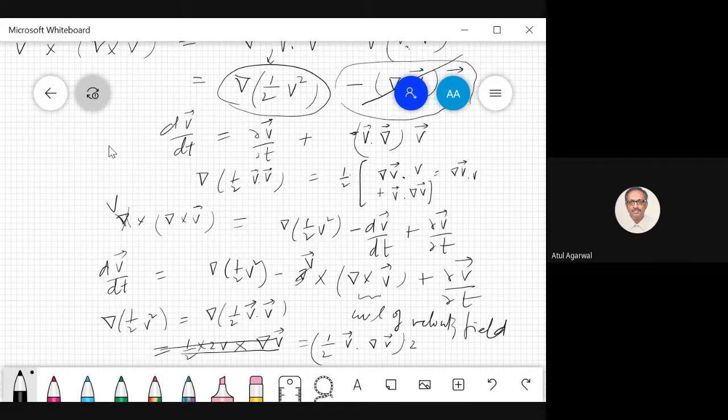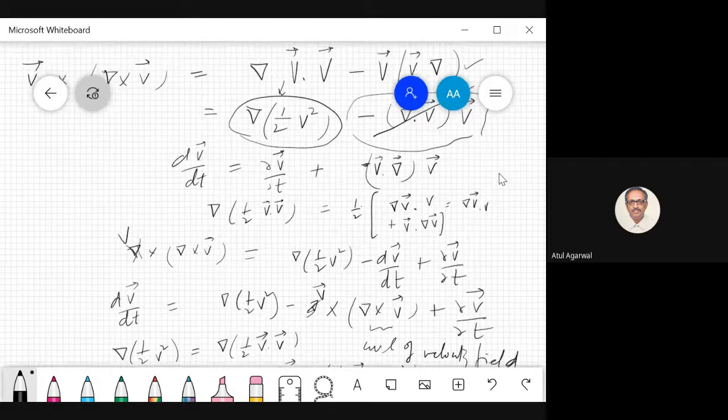So you get gradient of V dot V. So basically I had replaced gradient of V dot V with this term. All right.